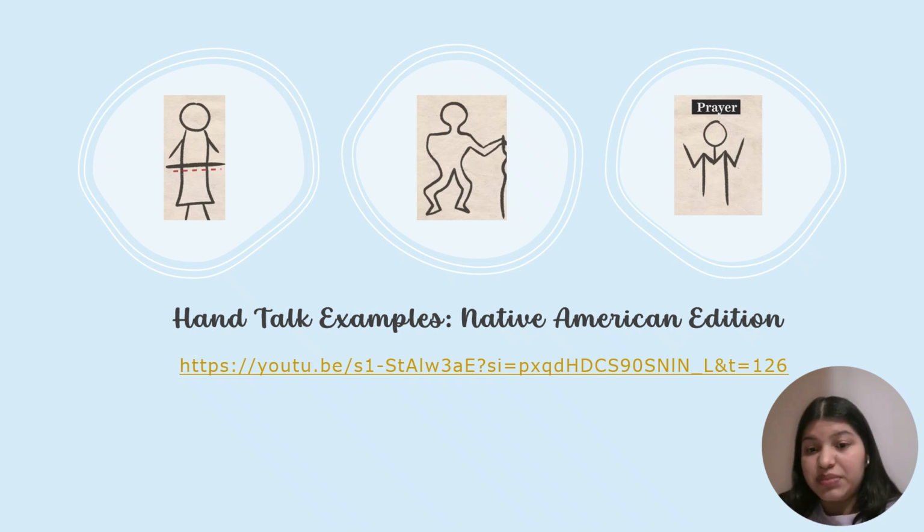The first one means hungry, the second one means elderly, and the third one means prayer. And just like how you see on the picture is exactly the movements that they do for the hand talk when describing these three images.